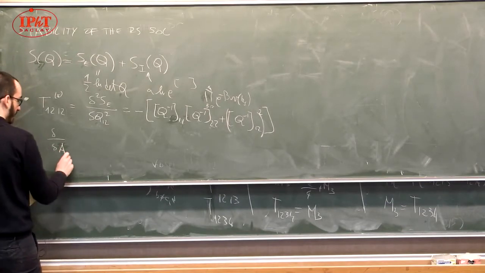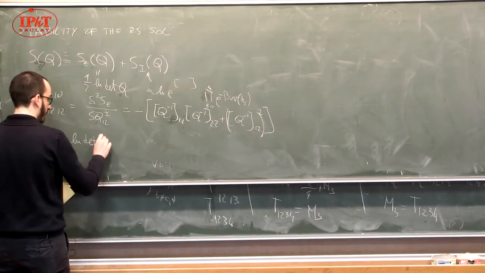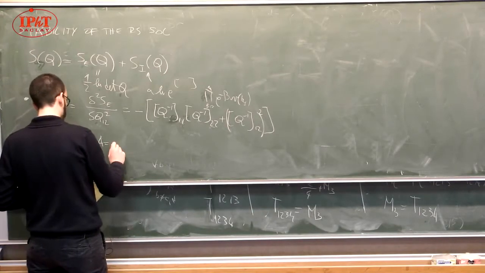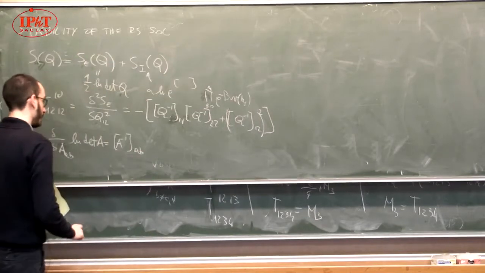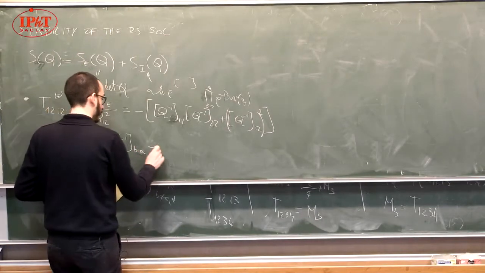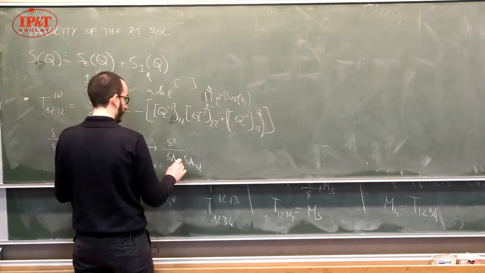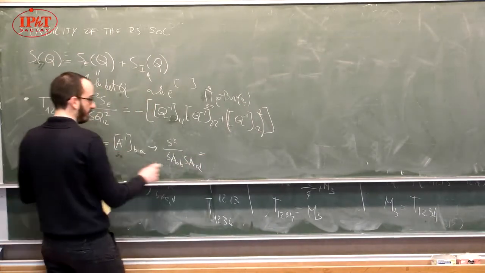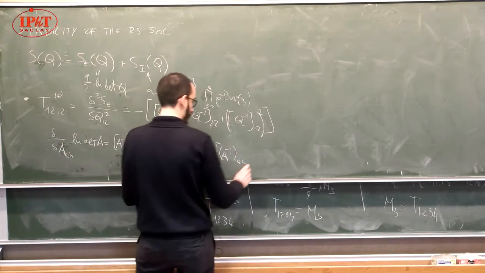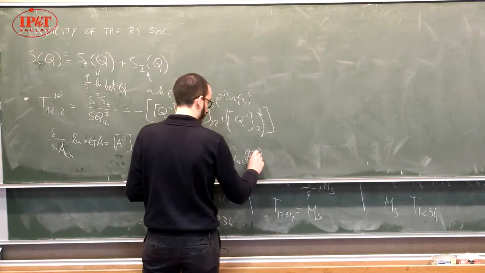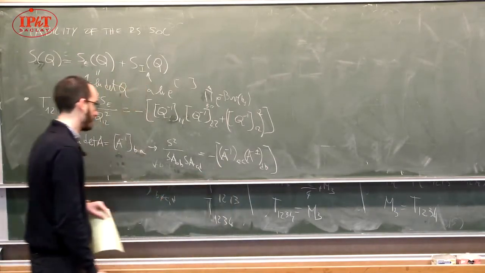If you have a matrix, log of A, then if I'm not wrong, the first derivative is just, sorry, in principle it's BA, and then if you take the derivative of this, you have a minus sign, and then you have A minus 1 dA A minus 1 dB. I think this is correct.